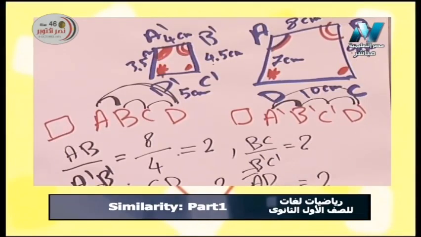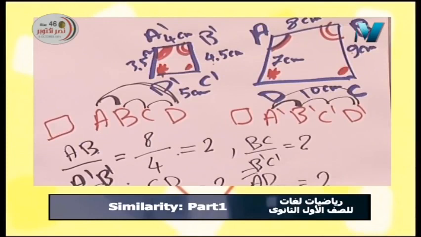If the ratios are equal, then each two corresponding sides, like AB and A dash B dash, BC and B dash C dash, CD and C dash D dash, AD and A dash D dash, are corresponding and proportional.